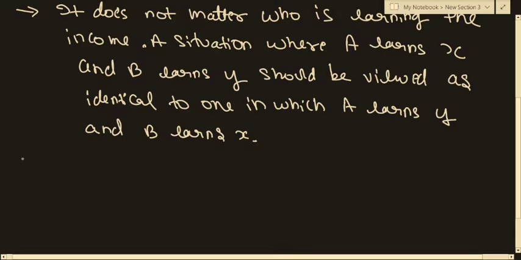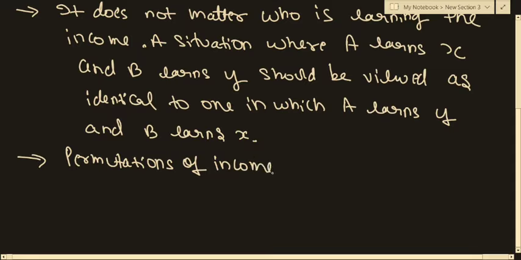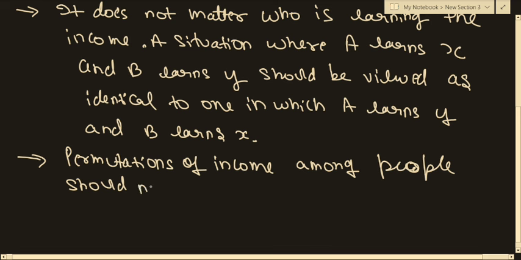Another point: permutations of income among people should not matter for inequality judgments.